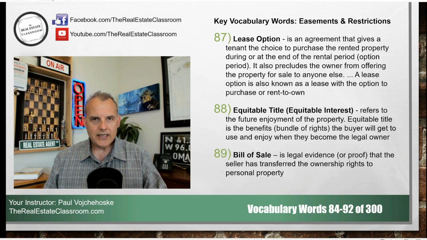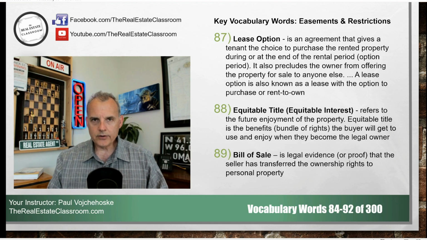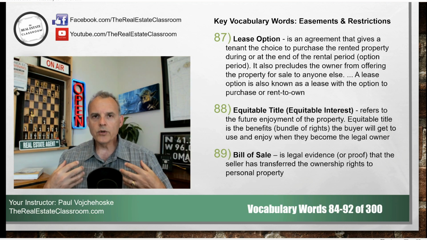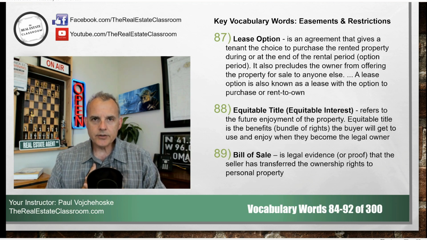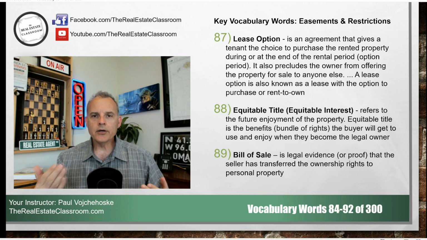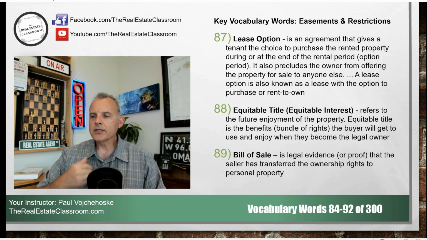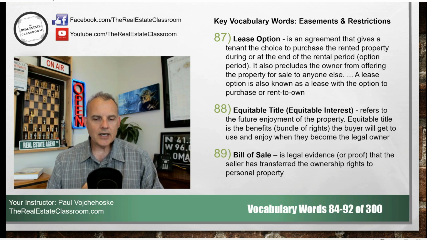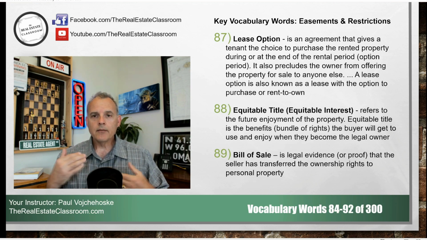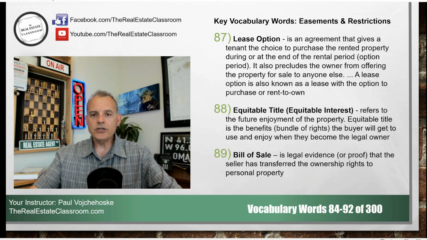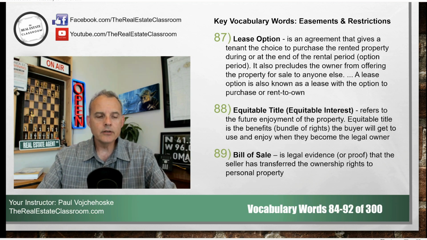So there is legal title and equitable title. So I own the property outright. That means I have legal title to the property. You and I enter into a purchase contract. Closing is 45 days out. I still have legal title or legal ownership, but once we sign that purchase contract, you have equitable title.